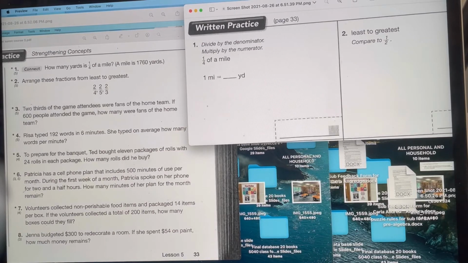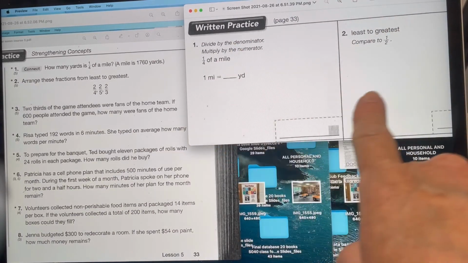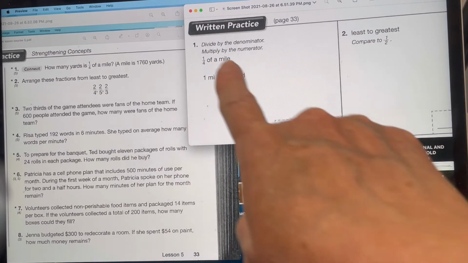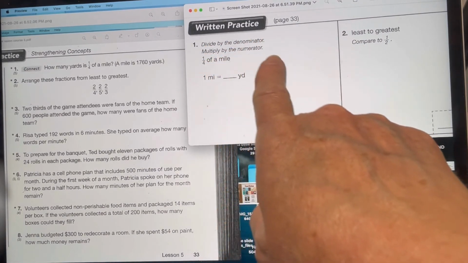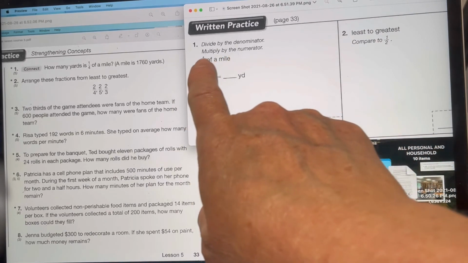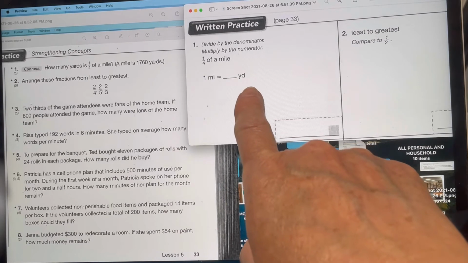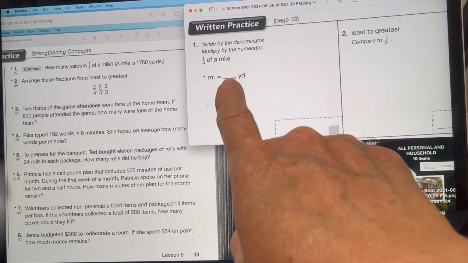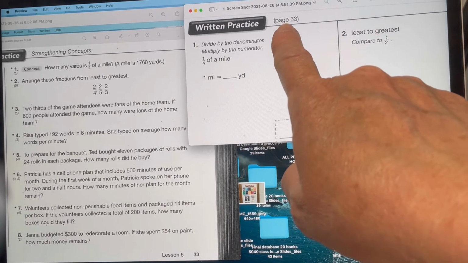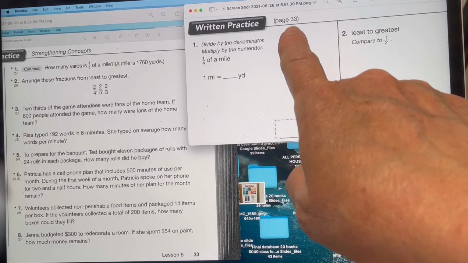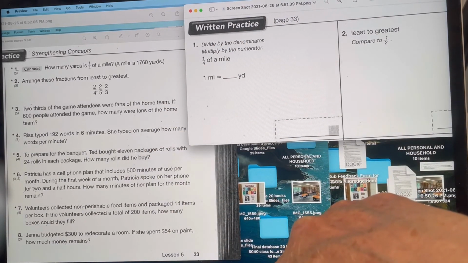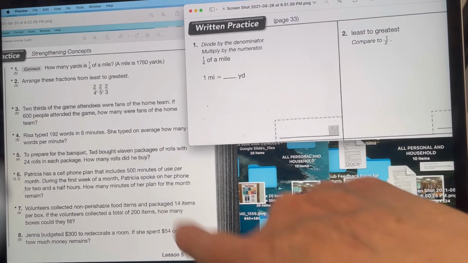Okay, here are the first 2 problems of your workbook, homework. Divide by the denominator, multiply by the numerator. You don't know enough information here. 1 mile is blank yards. That's because you're supposed to be looking at page 33. I have copied page 33 in your packet.